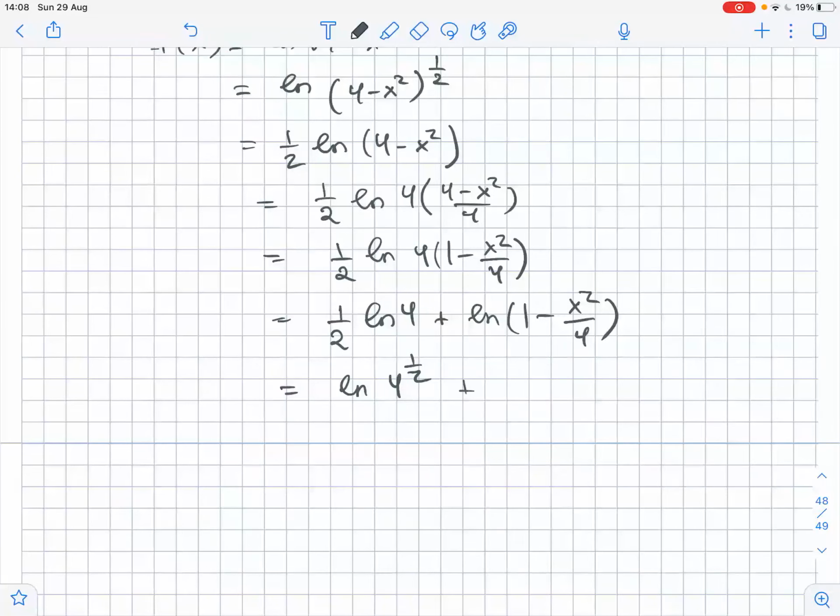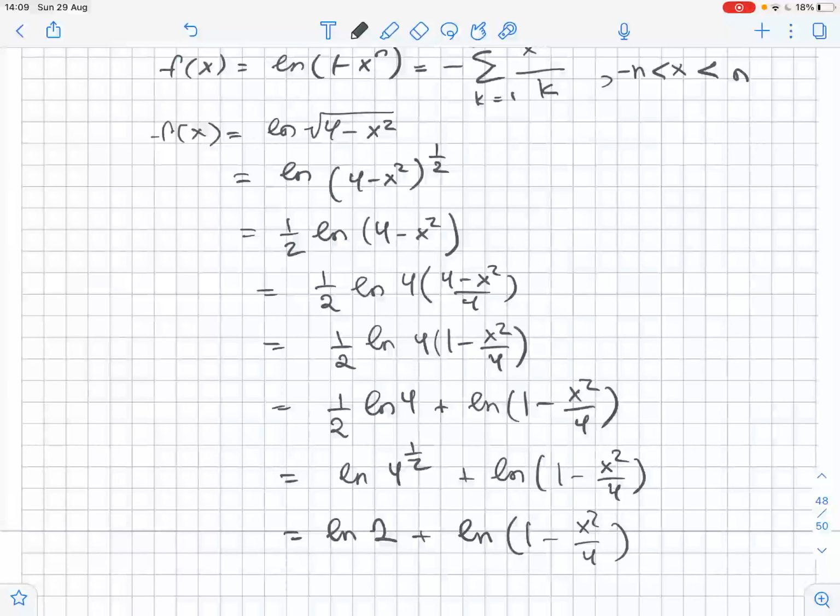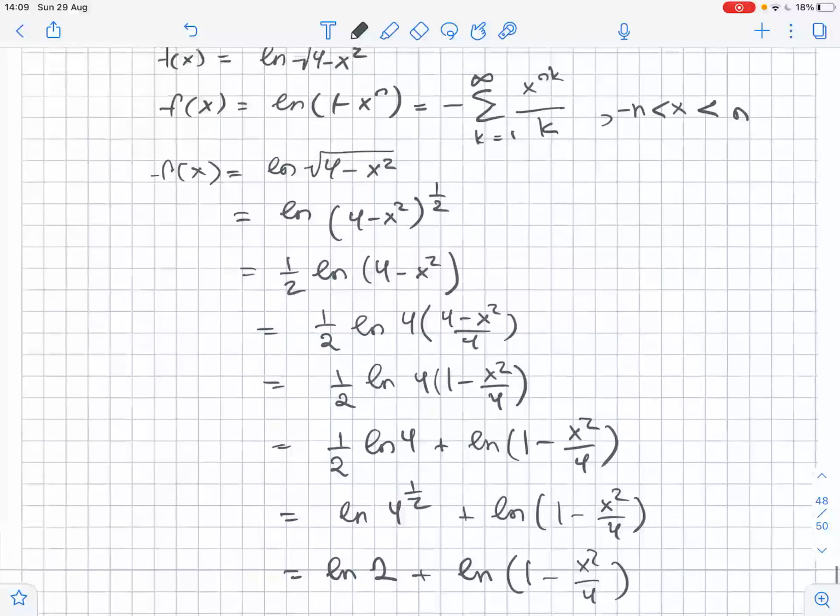Then this equals ln of 4 to the power of 1 over 2 plus ln of 1 minus x squared over 4. And this equals ln of 2 plus ln of 1 minus x squared over 4.